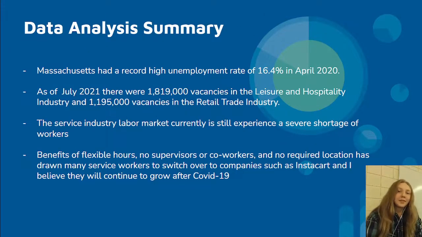So to summarize everything, Massachusetts had a record high unemployment rate of 16.4% in April of 2020. As of July 2021, there were 1,800,000 vacancies in the leisure and hospitality industry and 1,200,000 vacancies in the retail trade industry. And we can see up until this day, the service industry labor market is still experiencing a very severe shortage of workers.